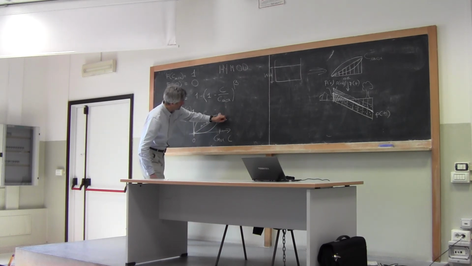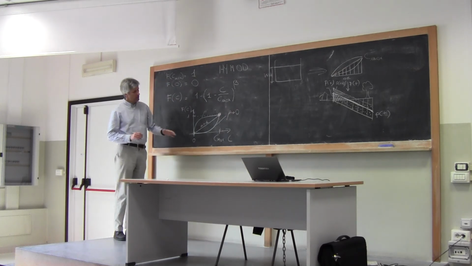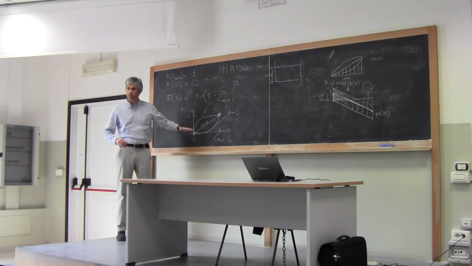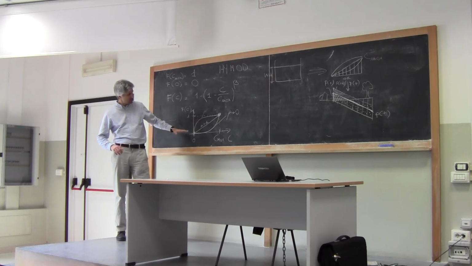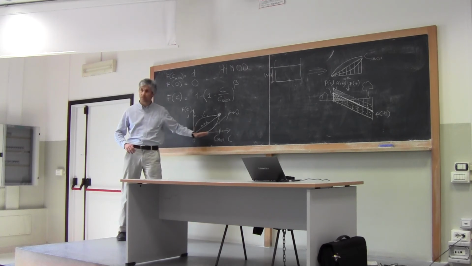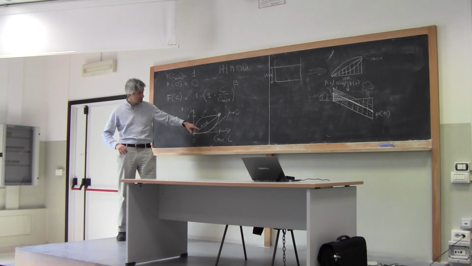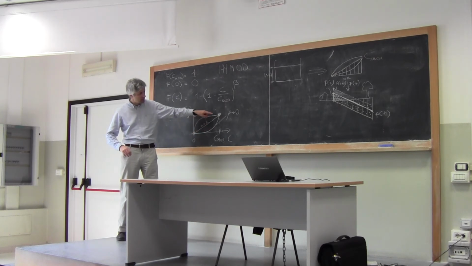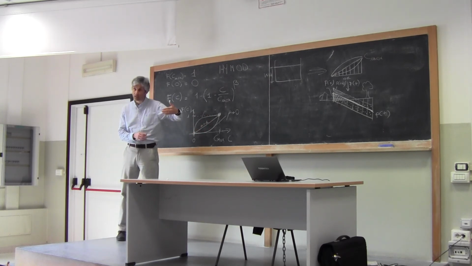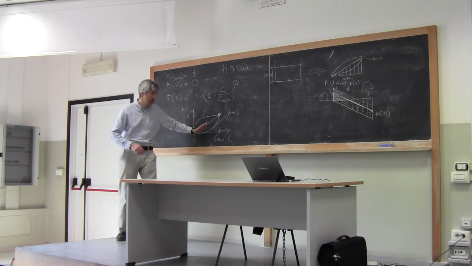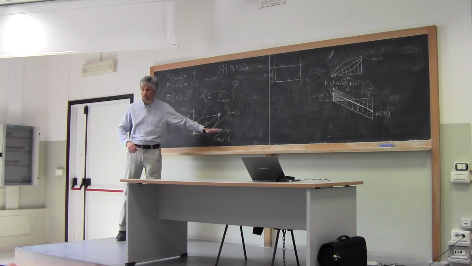This is beta tending to 0. It's not really beta equal to 0, because beta equal to 0 would be identically 0. But I prefer to visualize what happens for beta tending to 0. The curve is getting closer and closer to the abscissa.